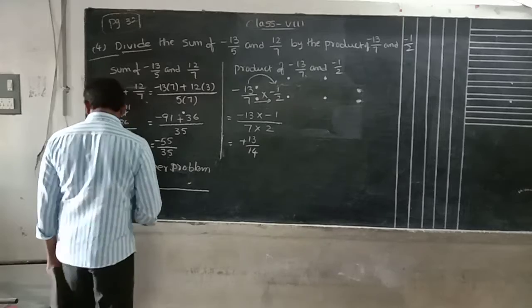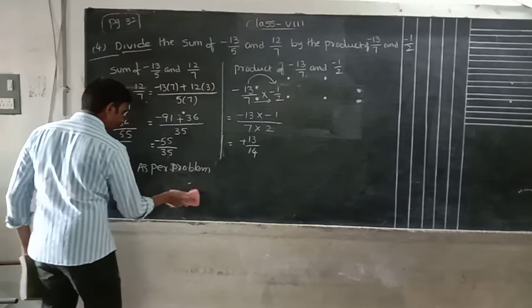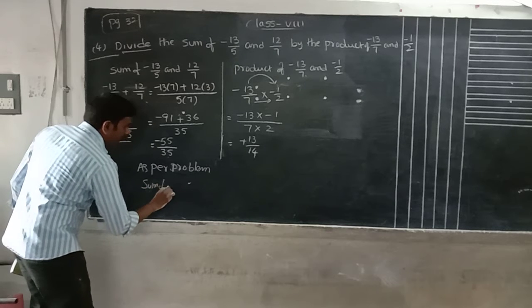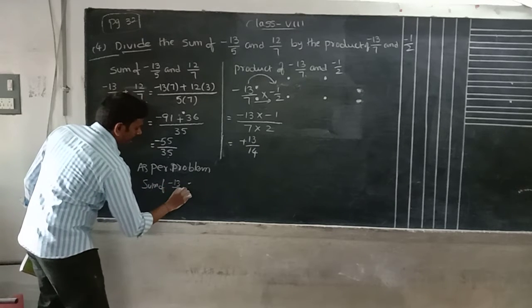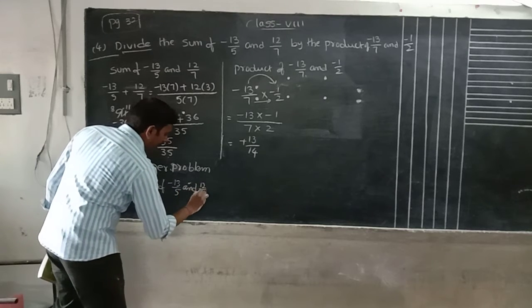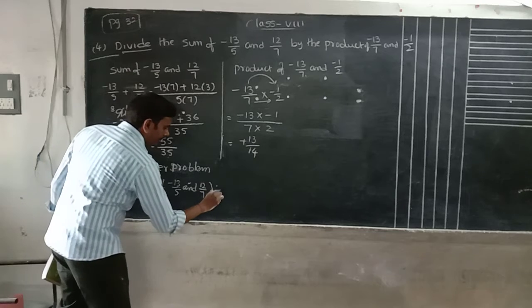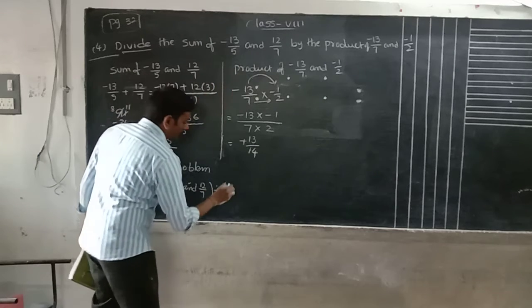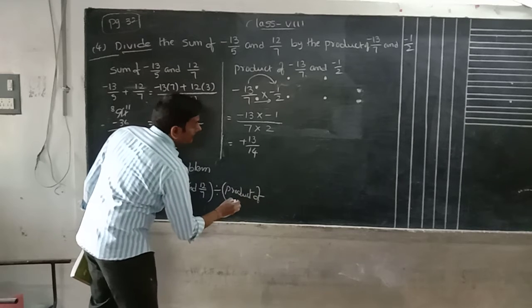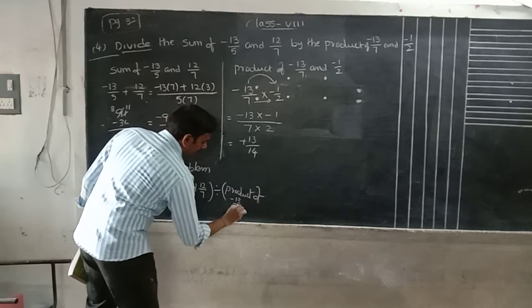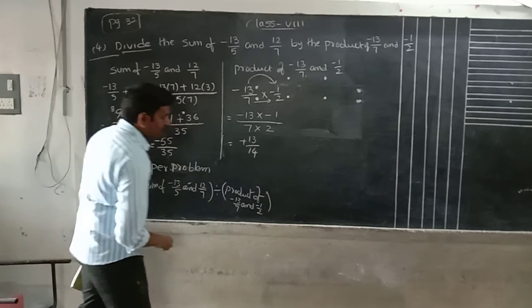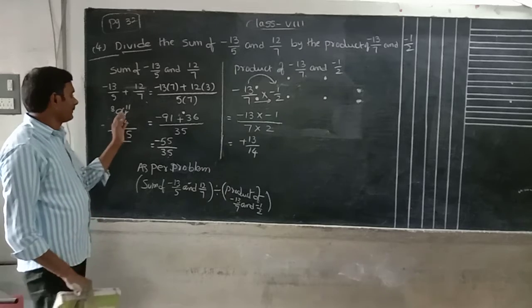The sum of minus 13 by 5 and 12 by 7, divided by the product of minus 13 by 7 and minus 1 by 2. If I am doing it directly, you can also do it.